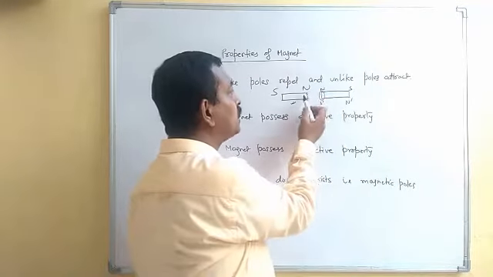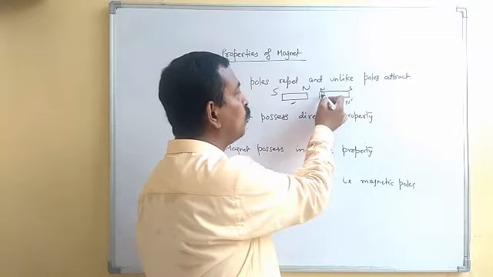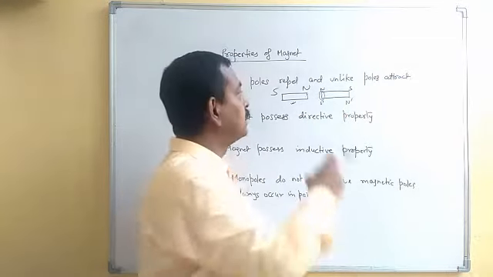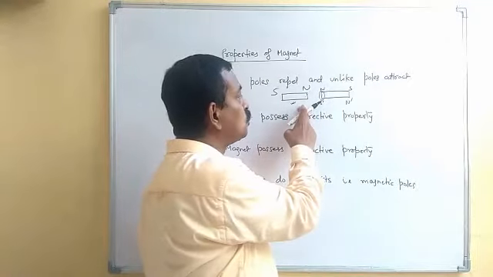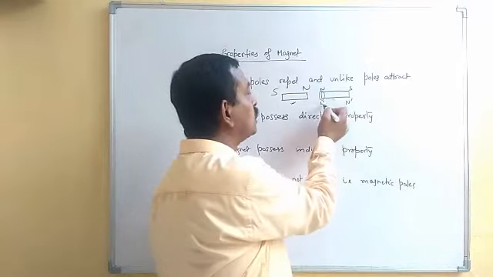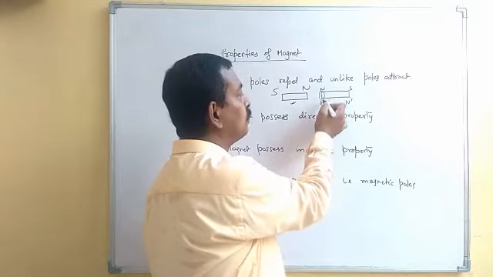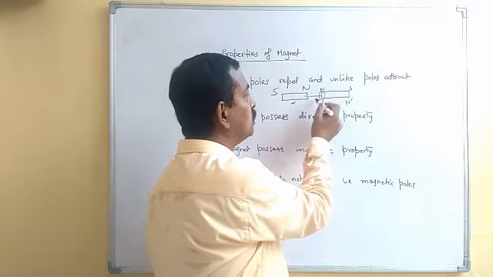Now between this north pole of this strong magnet and north pole of this weak magnet, there is a force of repulsion. But as the strength is more and it has induced magnetism in the other one, there is the south pole developed for this end. So there will be force of attraction between these two.